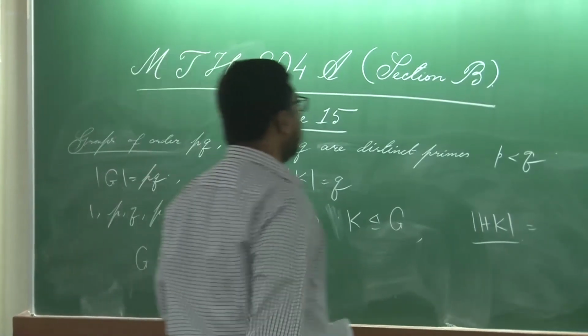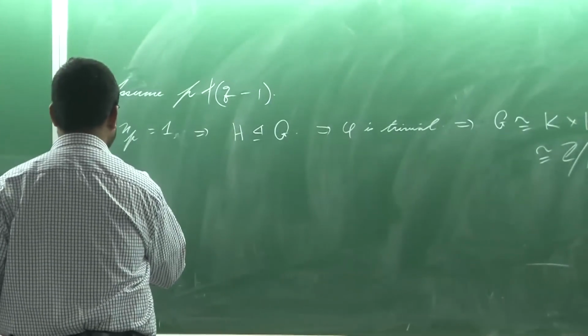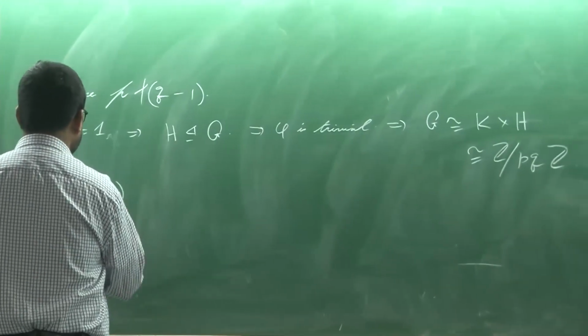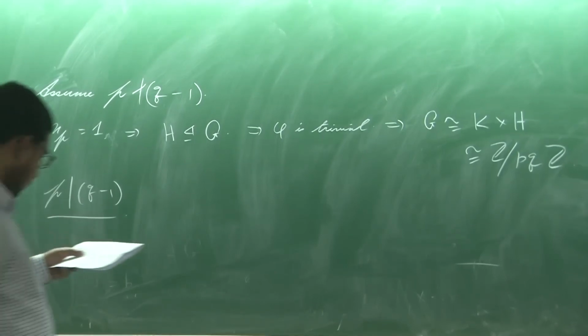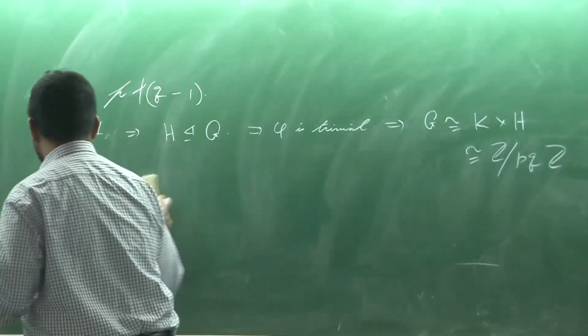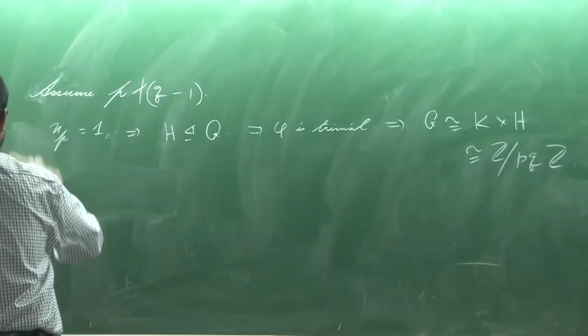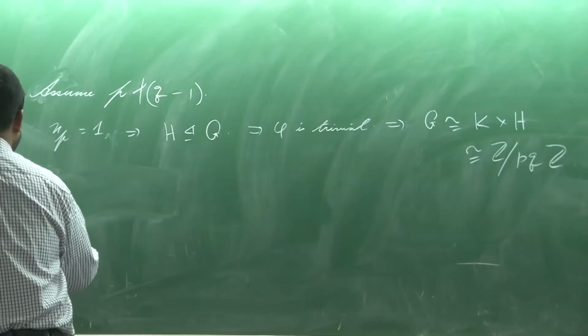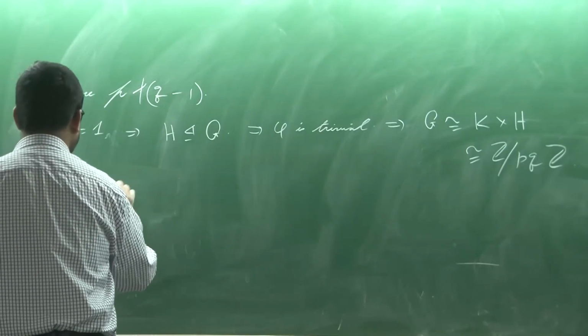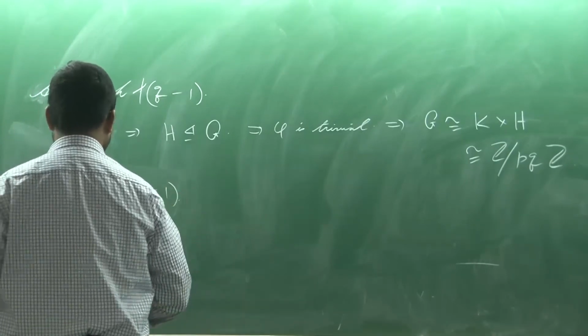It is quite natural to ask what happens when p divides q minus 1, for which of course we have to do some more work. I will quickly say what to do, and then the rest we will do in the next lecture. Case 2, namely p divides q minus 1.